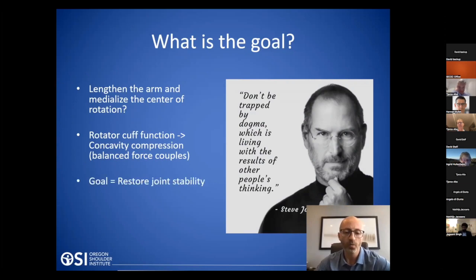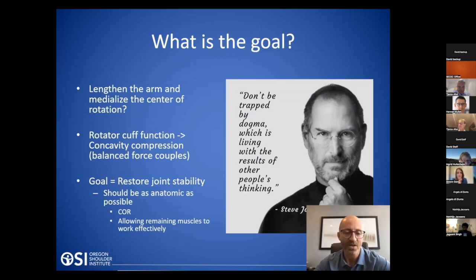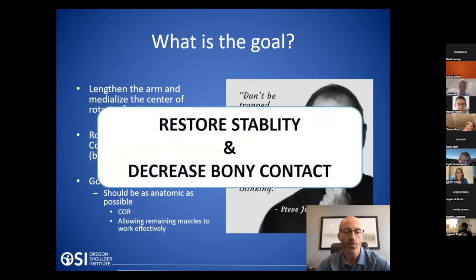Therefore, our goal really is to restore joint stability. And if you buy that from a philosophical standpoint, you want to be as anatomic as possible to respect the center of rotation and allow the remaining muscles to work effectively. And we'll also talk about the need for subscapularis repair. So in my mind, the goal is to really restore stability and decrease bony contact.